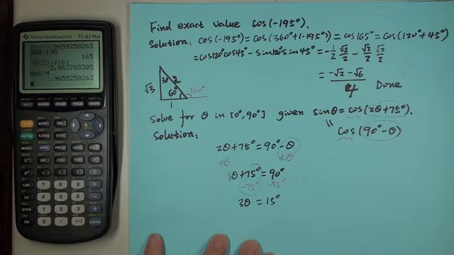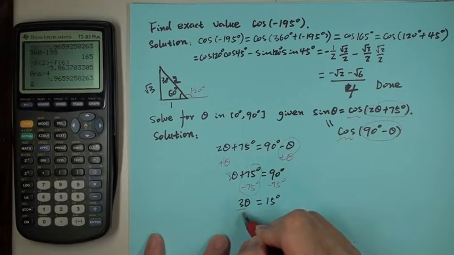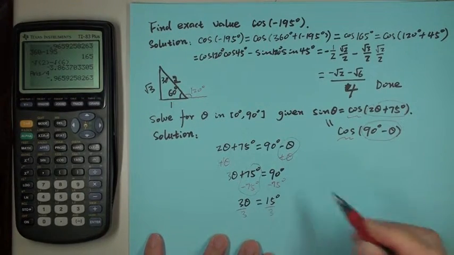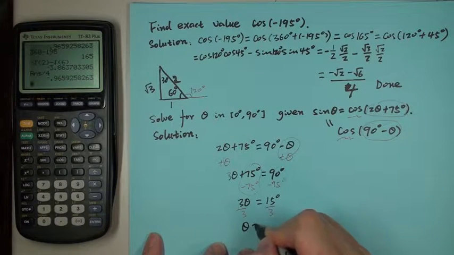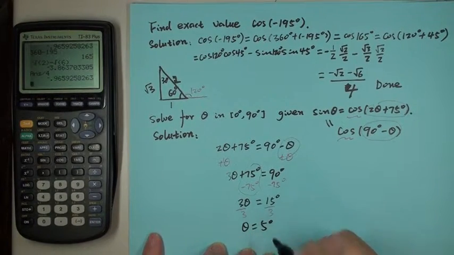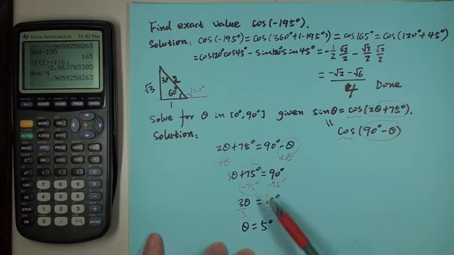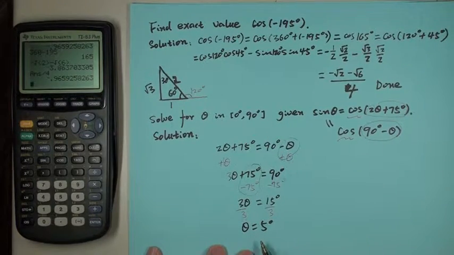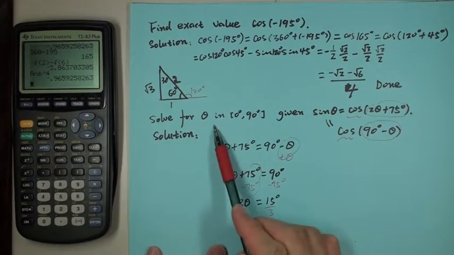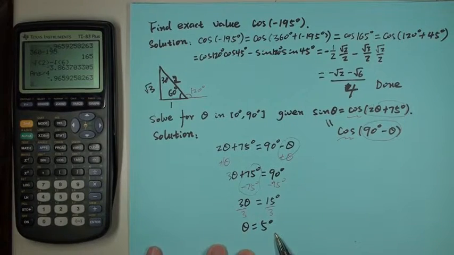Then divide by 3, so theta comes out to 5 degrees. And 5 degrees is indeed in the range 0 to 90 degrees. So here is the final solution: theta is 5 degrees.